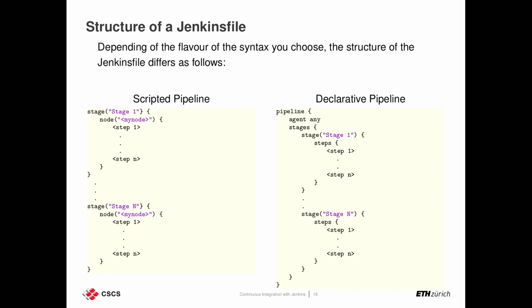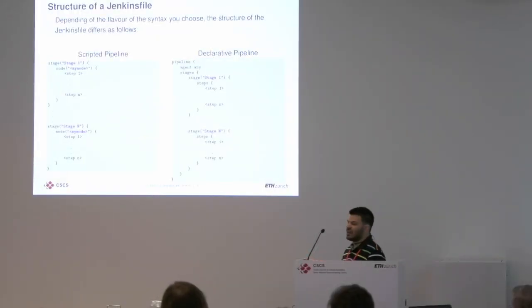Node here is the Jenkins terminology to tell it that I want to run on this particular node, and the same for agent here. And here are your steps. You see that in a different stage, you can have a different node, so these steps can be run on a different node at a certain stage.